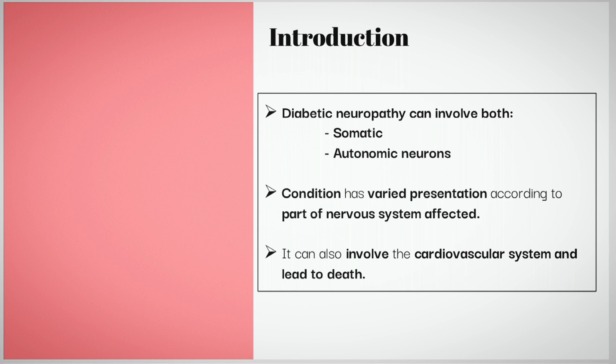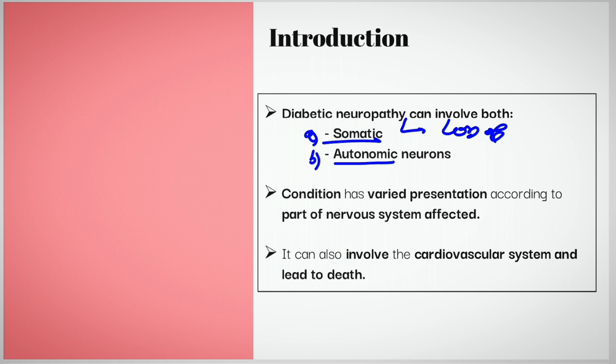In diabetic neuropathy, there is loss of neuronal function. Both kinds of neurons, somatic as well as autonomic, can be involved, and as per the kind of neurons involved we can see a varied presentation depending on the part of the nervous system affected.